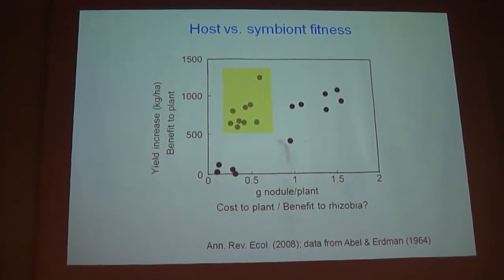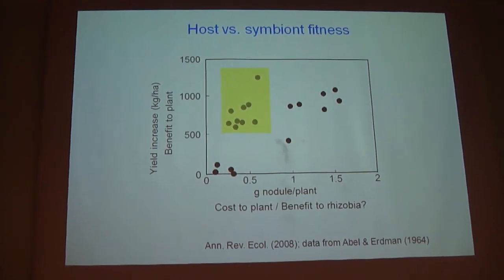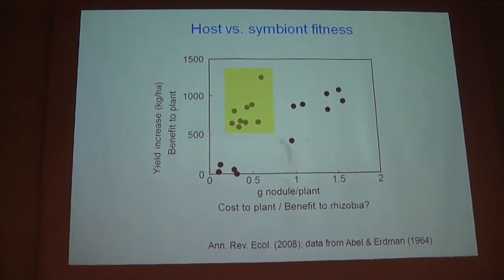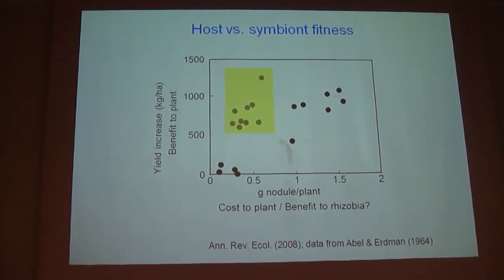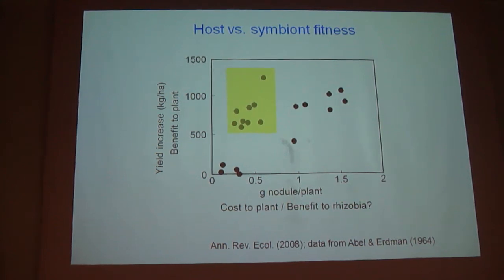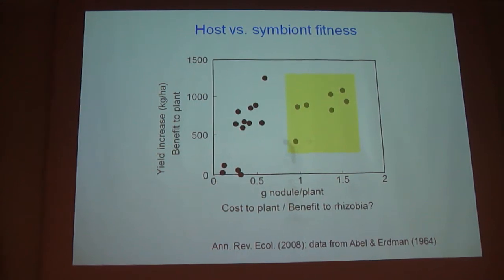So, you know, these guys aren't falling below 0 in terms of effect on yield, but I would still call them harmful because, to the extent that they do occupy nodules, they occupy nodules that could have been occupied by a better strain. But the rhizobia that I'm really worried about are these cheaters.